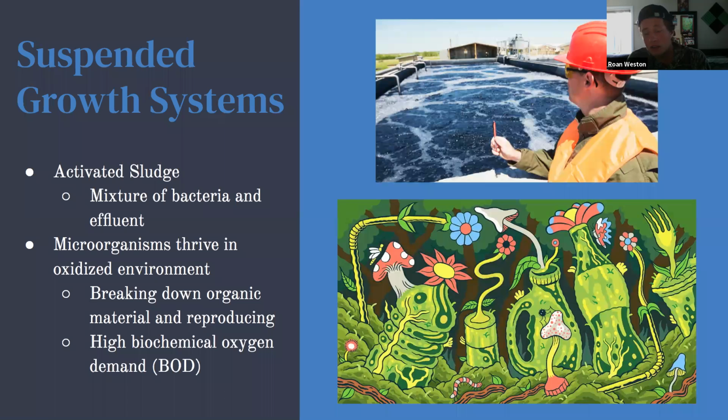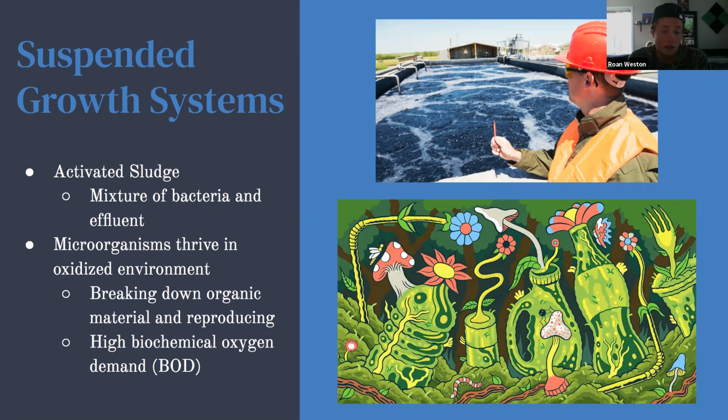Here you have an environmental engineer checking out some activated sludge. What this is, is a tank of your bacteria and effluent solution, all mixed up together with a bunch of oxygen pumped into the tank to promote aerobic decomposition.